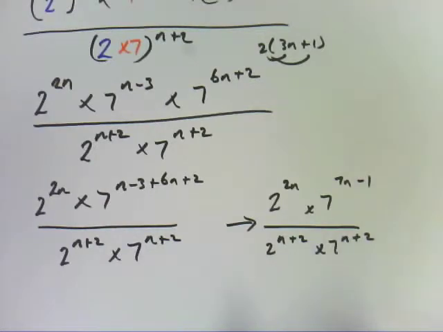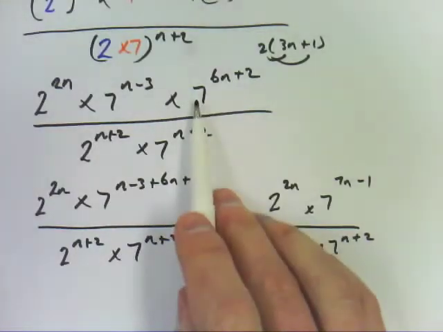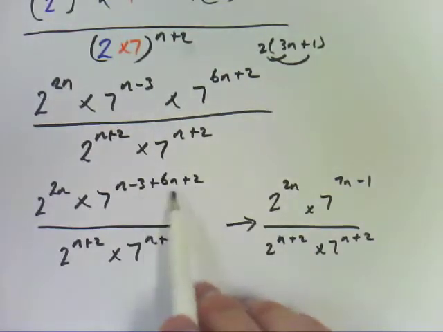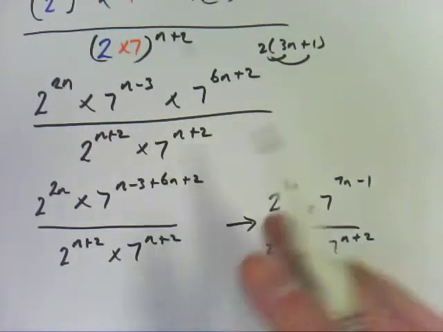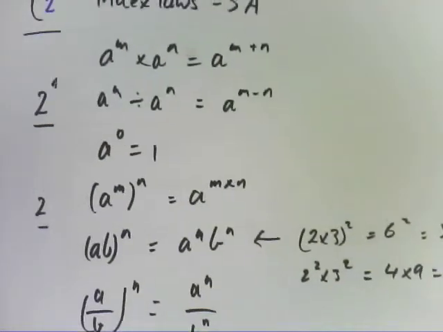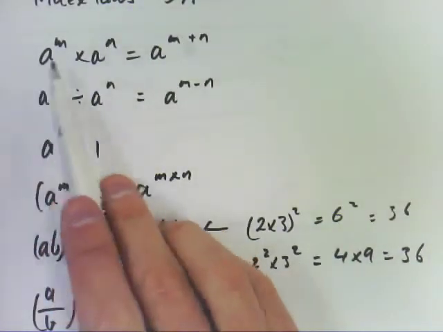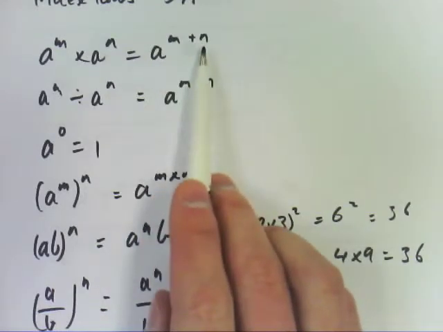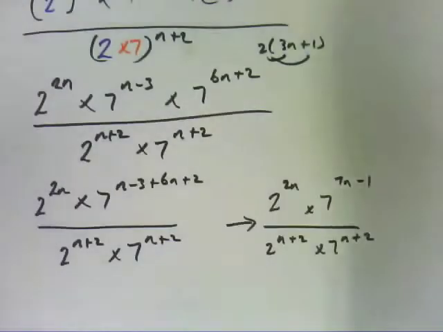What happened to the other 7? When you multiply these, you add the powers. Oh, I thought we just changed it back to 49. No. Multiply, the base stays the same, just add the powers.